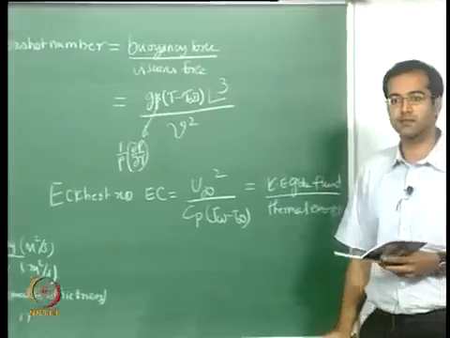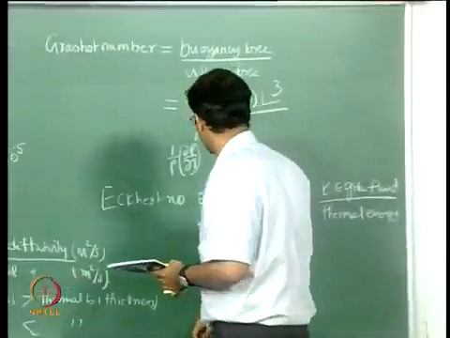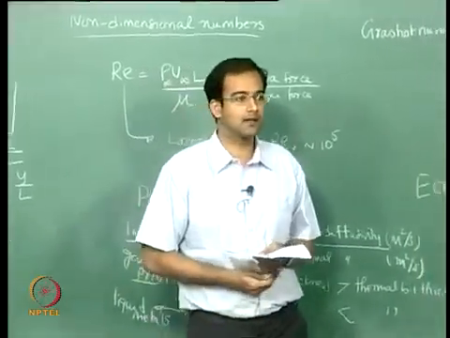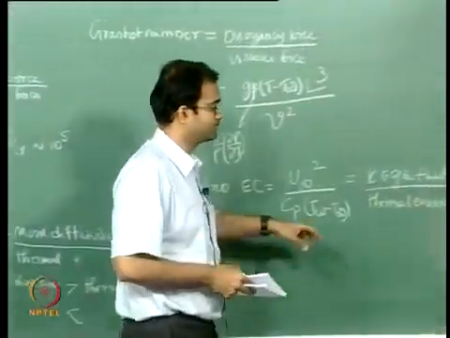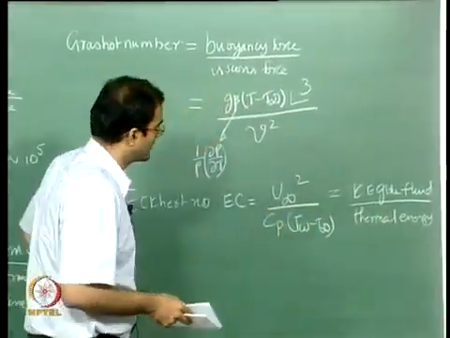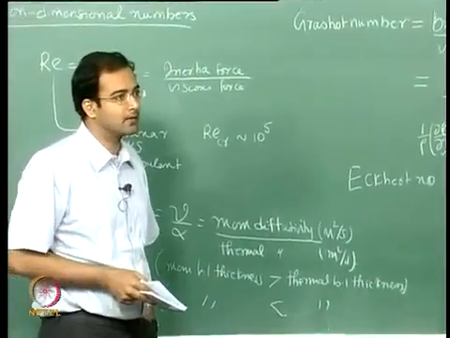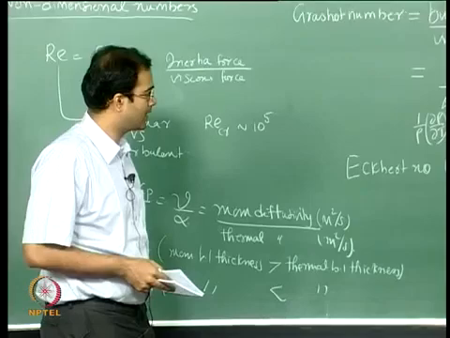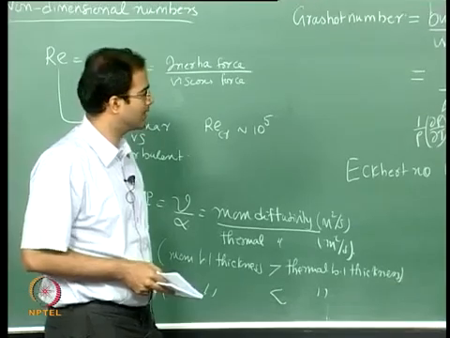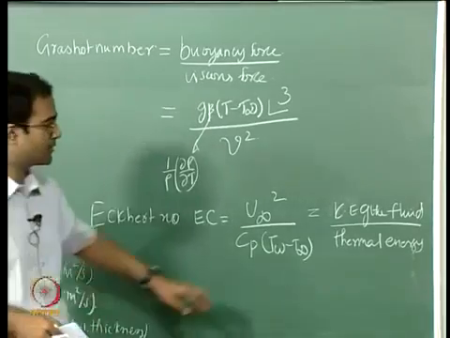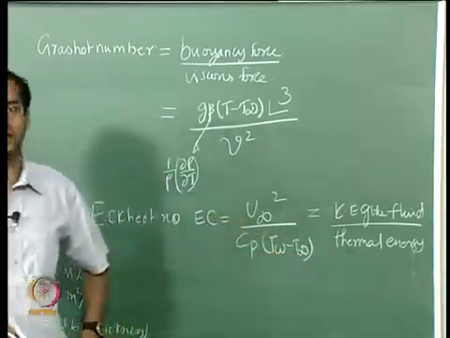So what it means is, if you have a high Eckert number, a portion of your kinetic energy gets converted into thermal energy. This is especially true if you have high speed flows, or very high viscosity dominated flows, where a lot of viscous dissipation effects come into the picture, and a portion of the kinetic energy is converted into thermal energy.